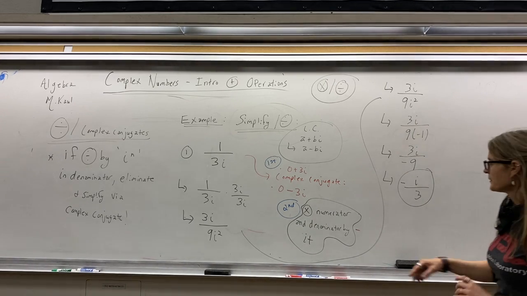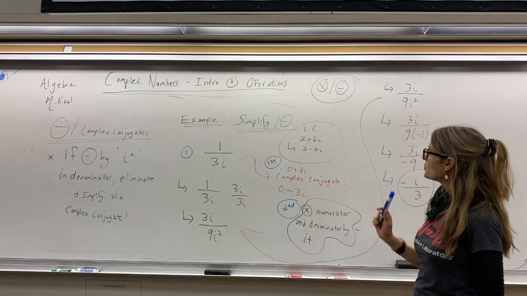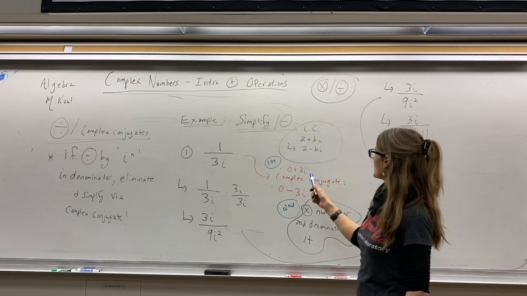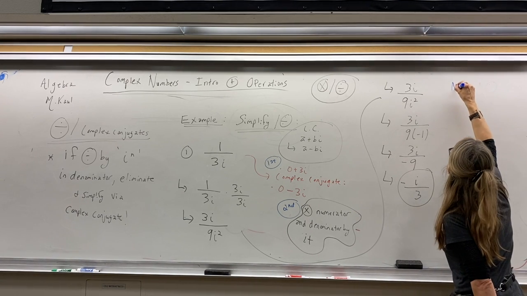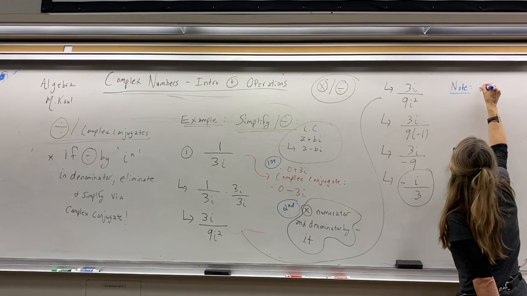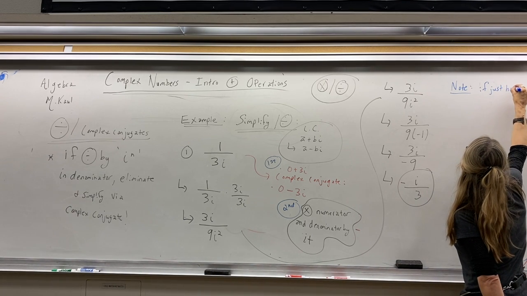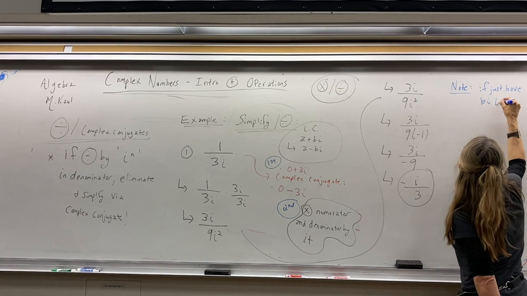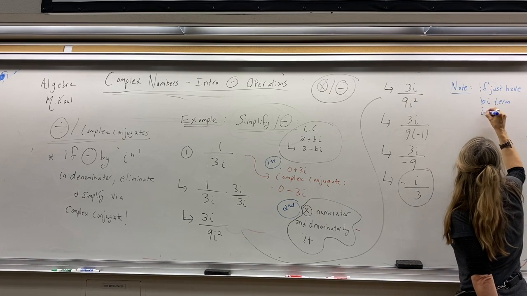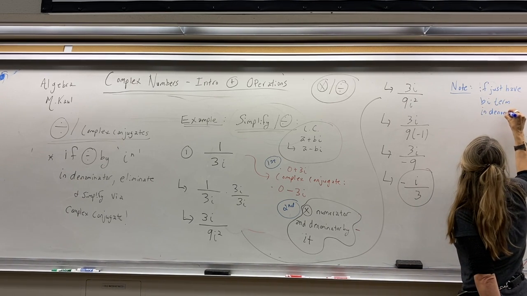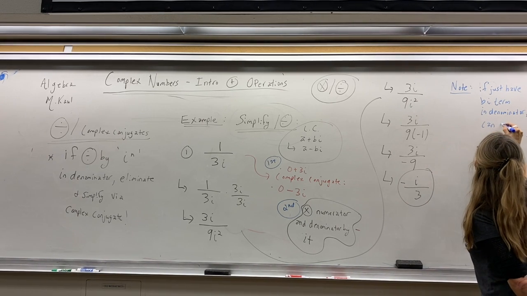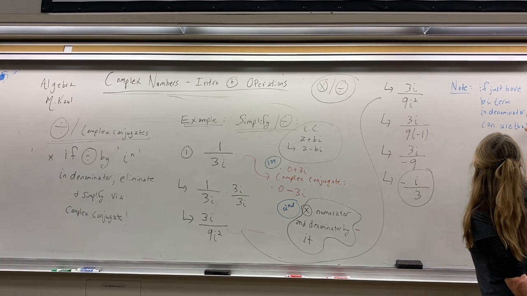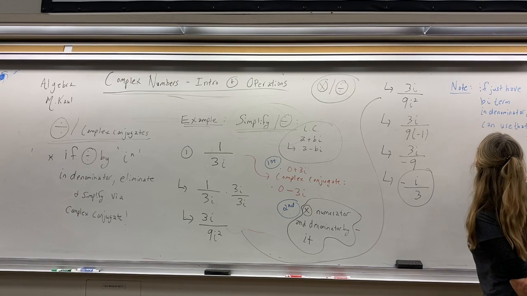Now another trick here is to note, when you don't have a real number part, you can use positive 3i or negative 3i to get rid of it. So one note, if you just have a bi term in the denominator, you can multiply by it.